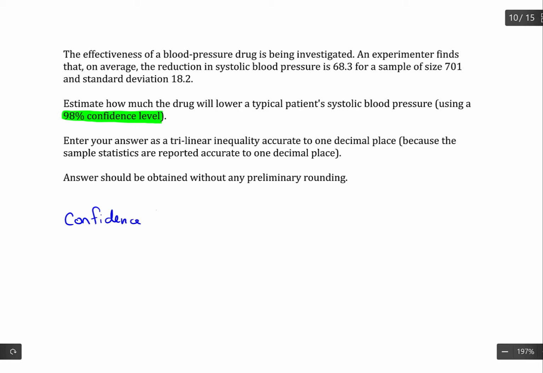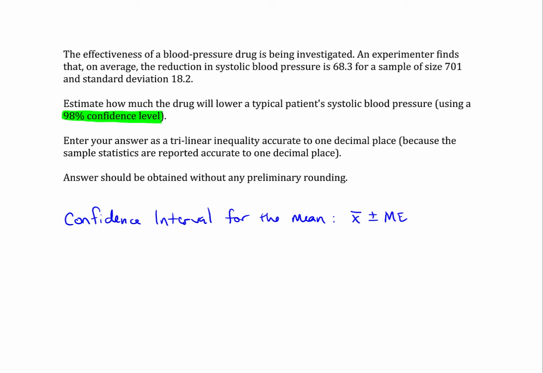So the confidence interval for the mean, effectively what we would do is take our sample mean plus or minus a margin of error. But we're not going to use formulas to come up with this. We're just going to use the calculator directly.